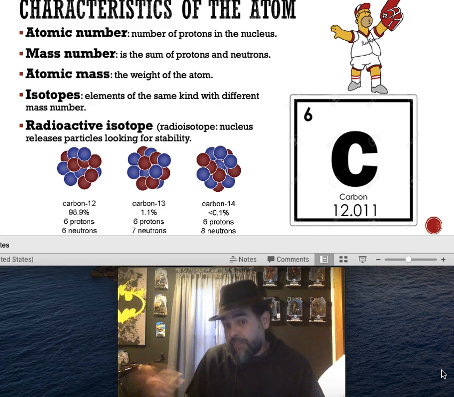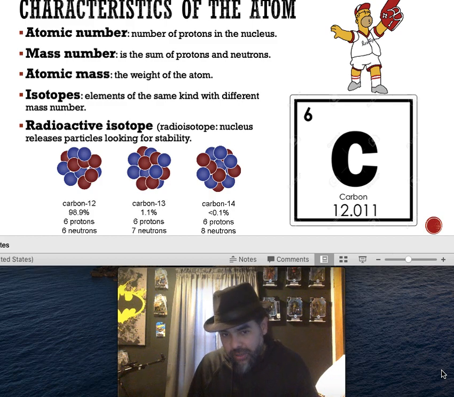Now, that precisely is what radioactivity is. It's this shedding of particles from the nucleus of the atom in order to become stable. When an atom does that, we call that atom a radioactive atom. And if we're talking about isotopes that can shed particles from their nuclei, they are radioactive isotopes.